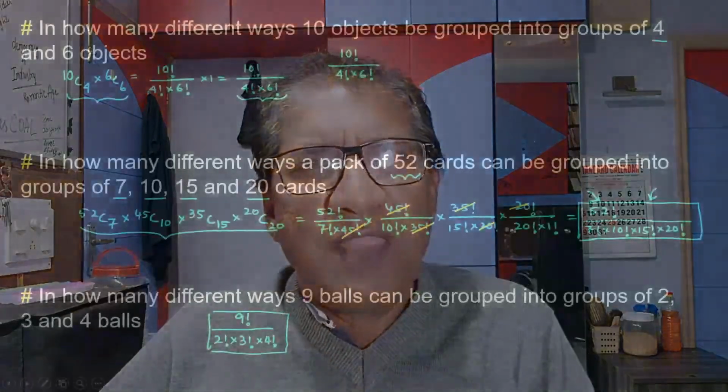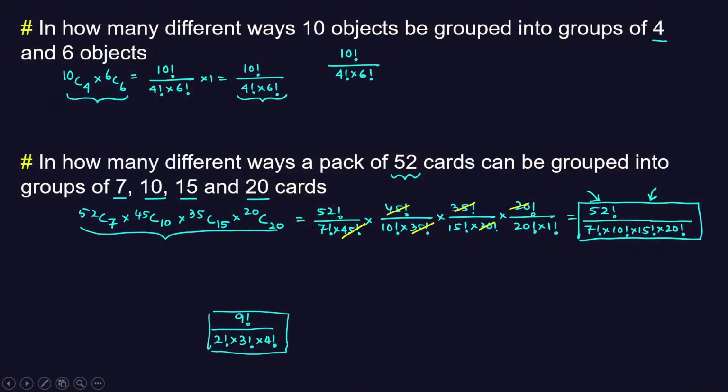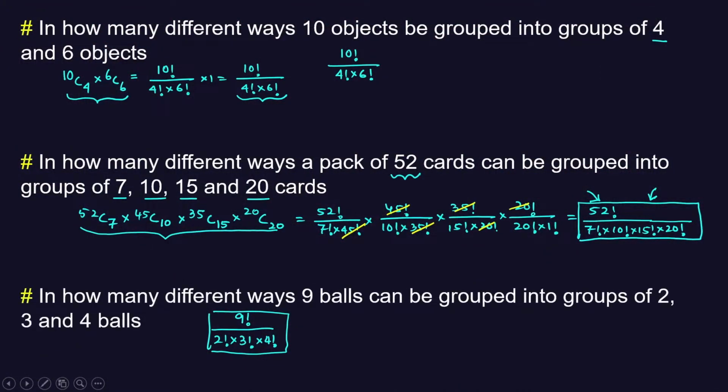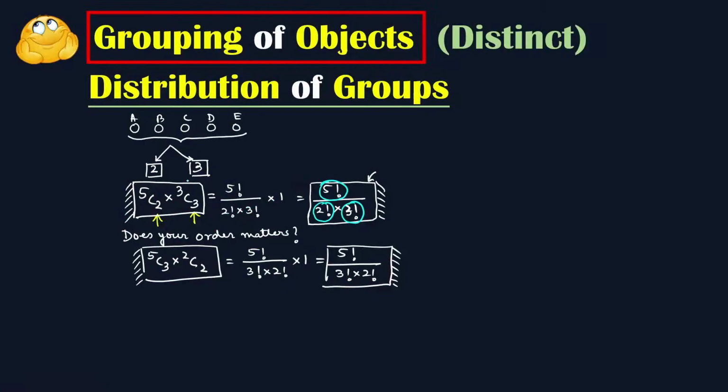See, this is the term I have introduced: unequal size. Why am I saying that? Because have you observed one thing in our previous example also? See here, there are 5 balls and we have grouped them into 2 groups, having 2 objects in one group and 3 objects in another group.